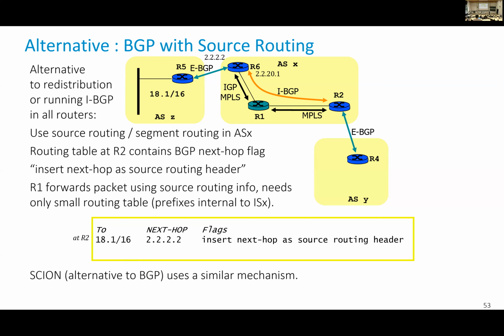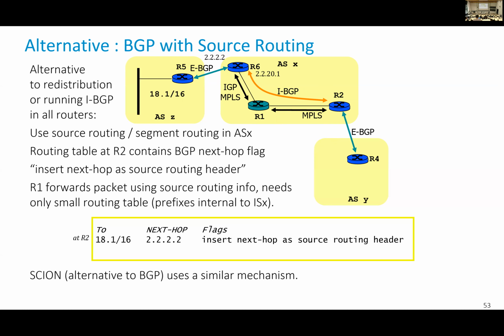Here, in a specific context, the idea is very simple, because the problem finally is how do we cross this internal network in order to go to the outside here. And the problem is we don't want to put the 1 million external prefixes in R1. And there's a very simple way, because R2 knows that the next hop is 222.